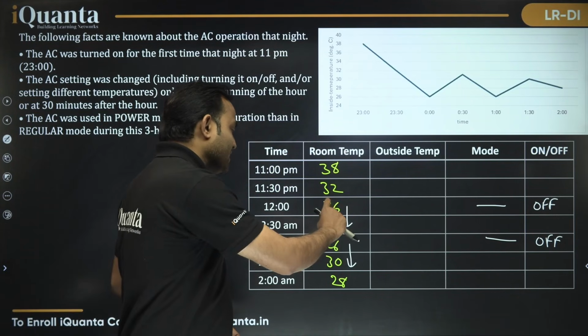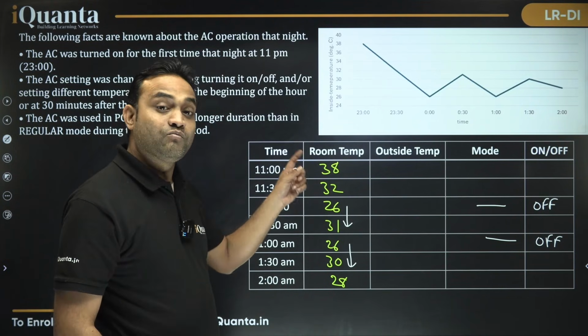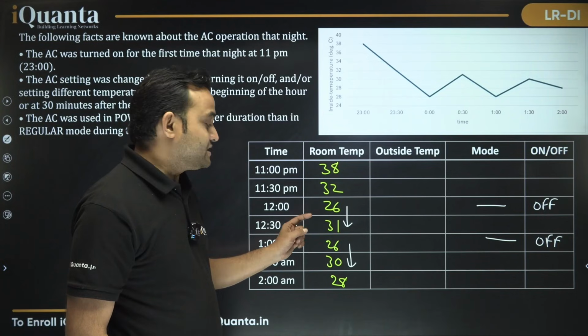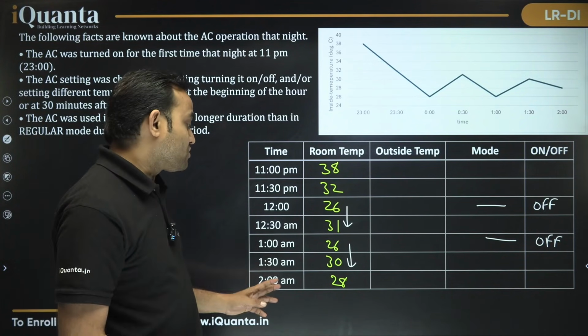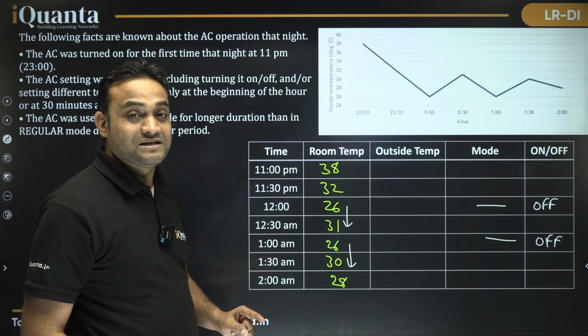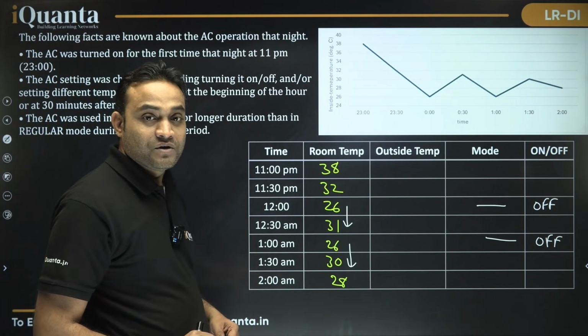So in half an hour, if it increased by 5 degrees Celsius, in one half an hour more, it must have increased by 5 degrees Celsius more. So 36 degrees. At 1 o'clock, the inside temperature must have been 36 degrees Celsius if AC was not turned on at 12:30 am.